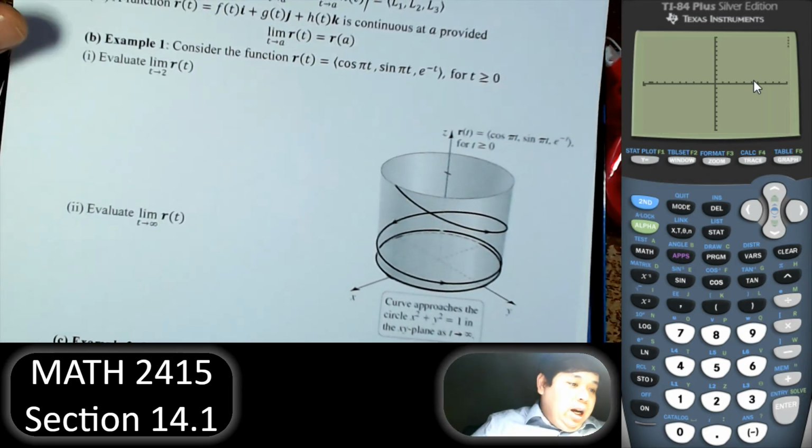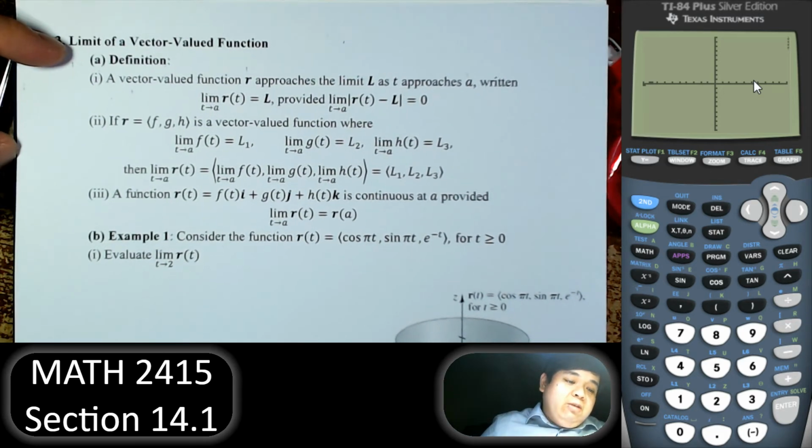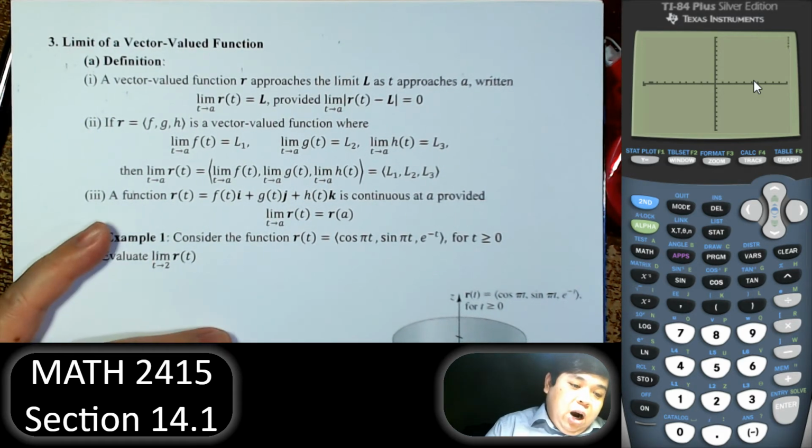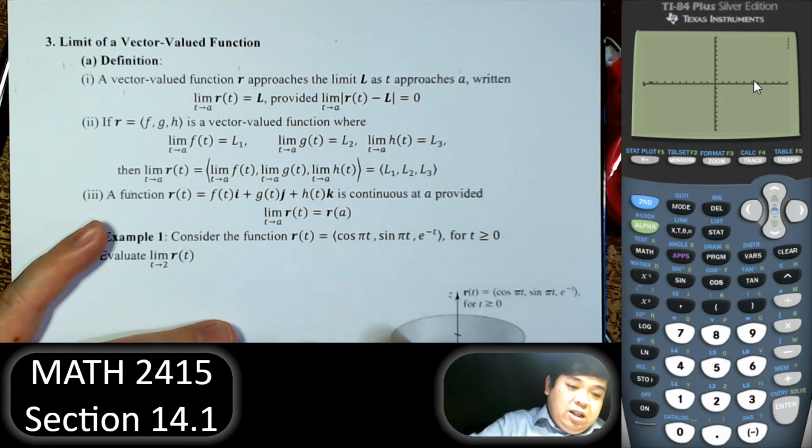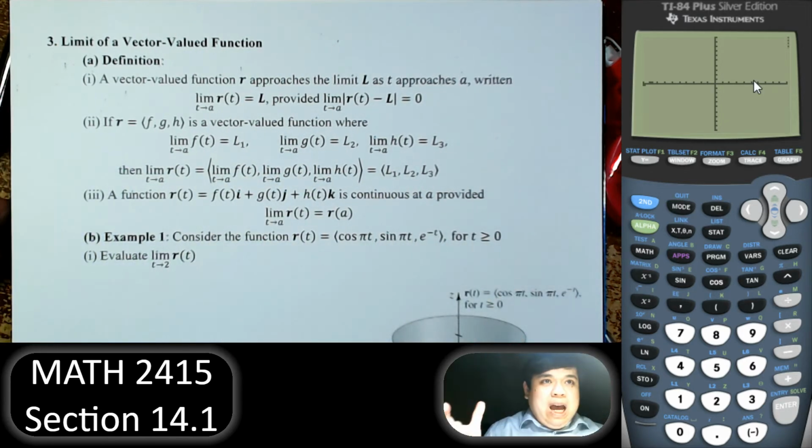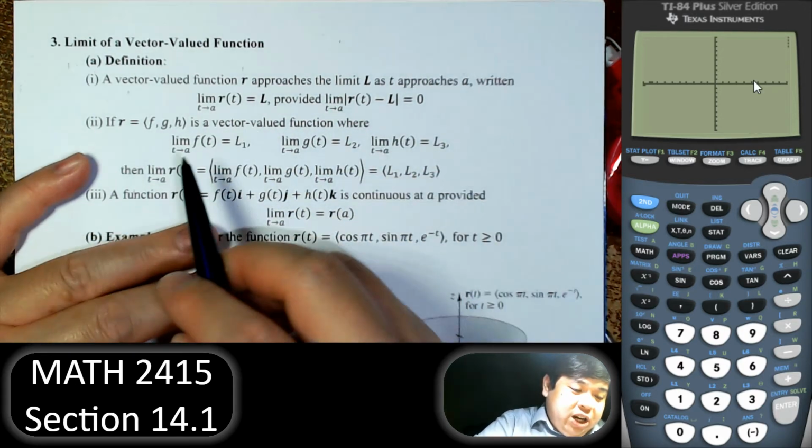Limit of a vector valued function. Of course we can use epsilon delta like we used before, but here is the proper notation.